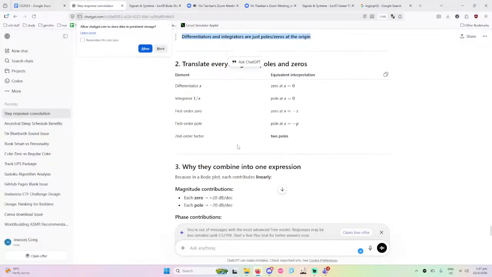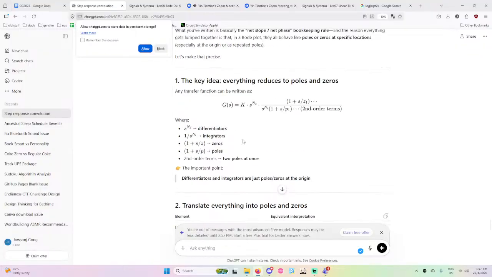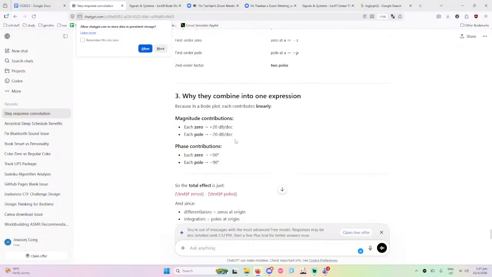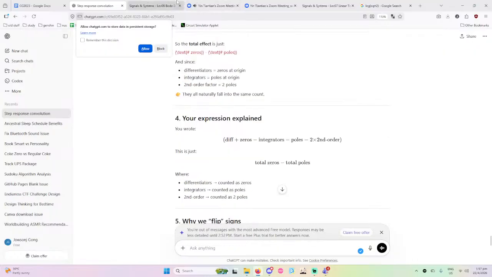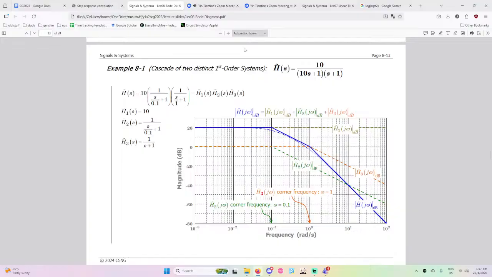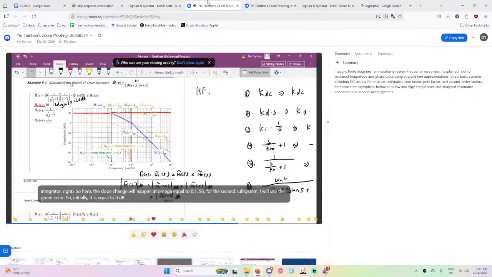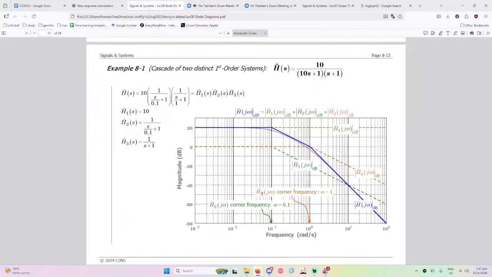And now we look at the second subsystem. The second subsystem is a pole factor. So when the frequency is very low, the pole factor is like the DC gain. And when the frequency is very high, the pole factor is like the integrator, right? So here, the slope change will happen at omega equal to 0.1. For the second subsystem, I will use the green color.